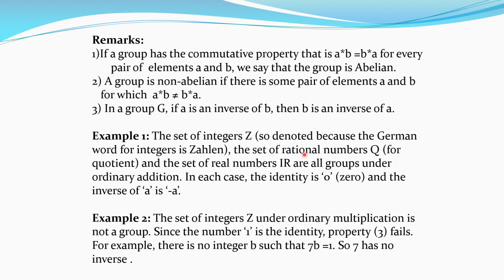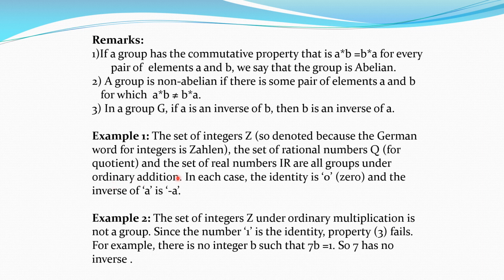Now, see some examples which are very clear. The set of integers Z, the set of rational numbers Q, and the set of real numbers R are all groups under ordinary addition.